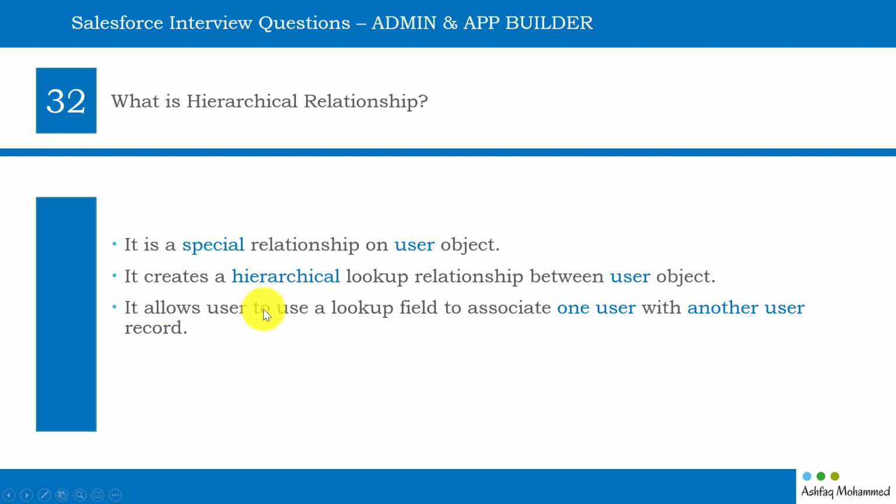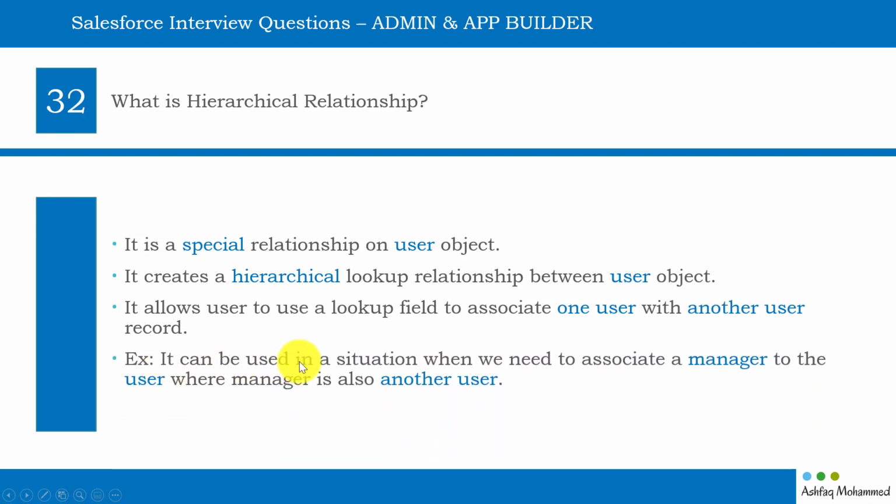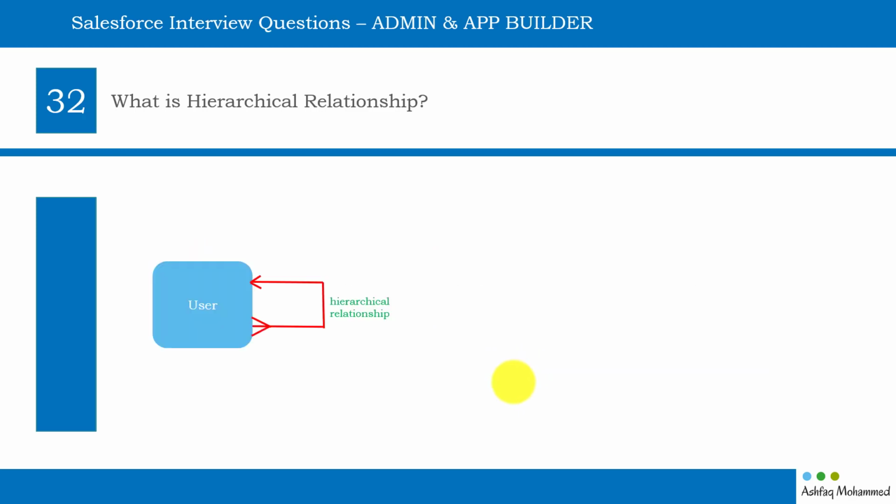So it allows a lookup field to associate one user with another user record. For example, it can be used where we need to associate a manager to the users, where the manager is also another user. So basically, to create the hierarchy or a lookup for the same object, user, we create this hierarchical relationship. Like user, looking up to the user itself.